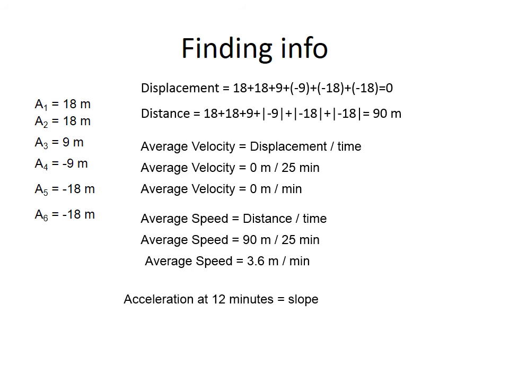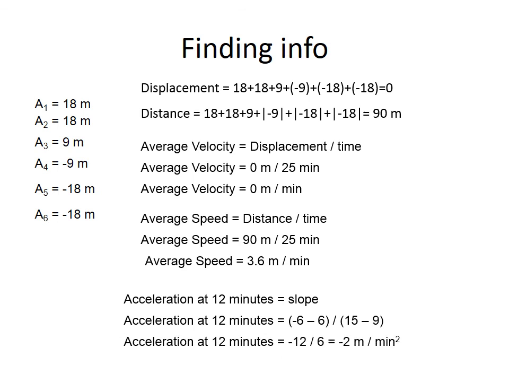Now if I wanted to find the acceleration at a given point in time, you go back and find the slope, which we've done a number of times. It's a flat area, so it's -6 minus 6 over 15 minus 9. So you get an acceleration of -2 meters per minute squared.